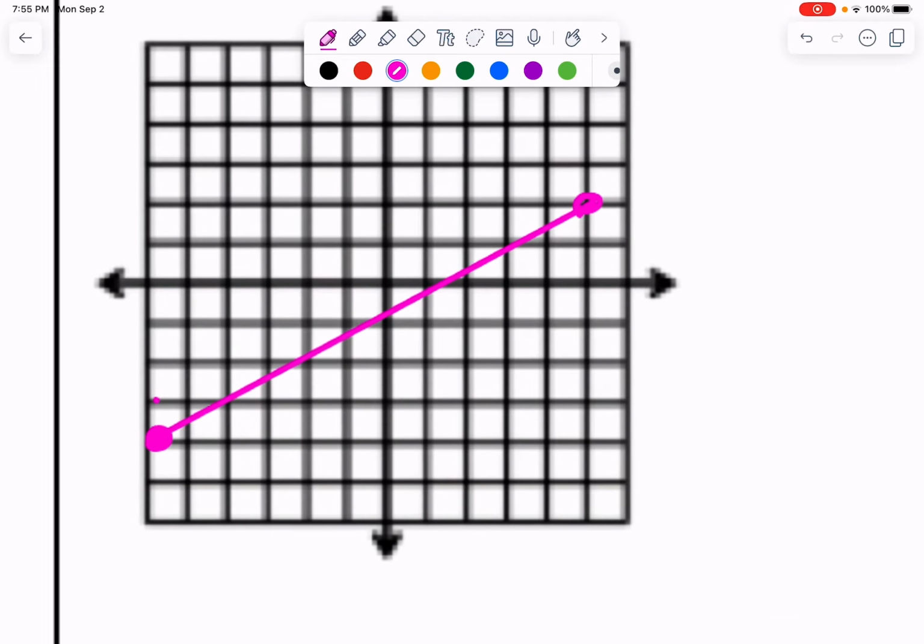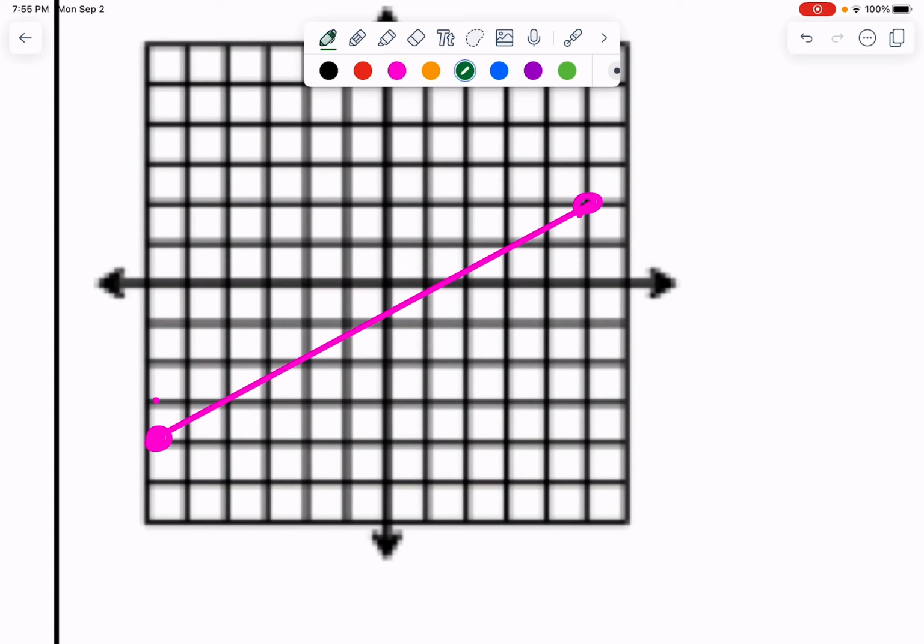If you'll notice, I can't count squares because this isn't a whole square right here, and this is even less. And that's almost one, but not quite. And then there's just this little corner, so I can't count squares.